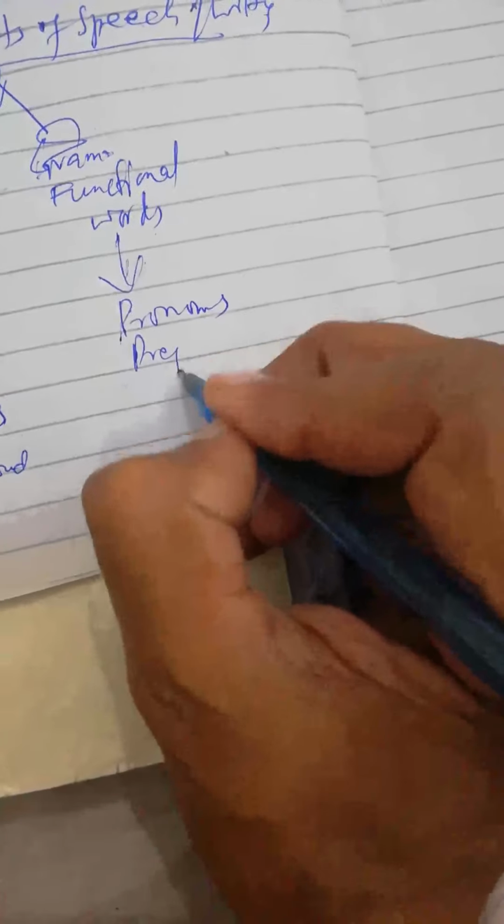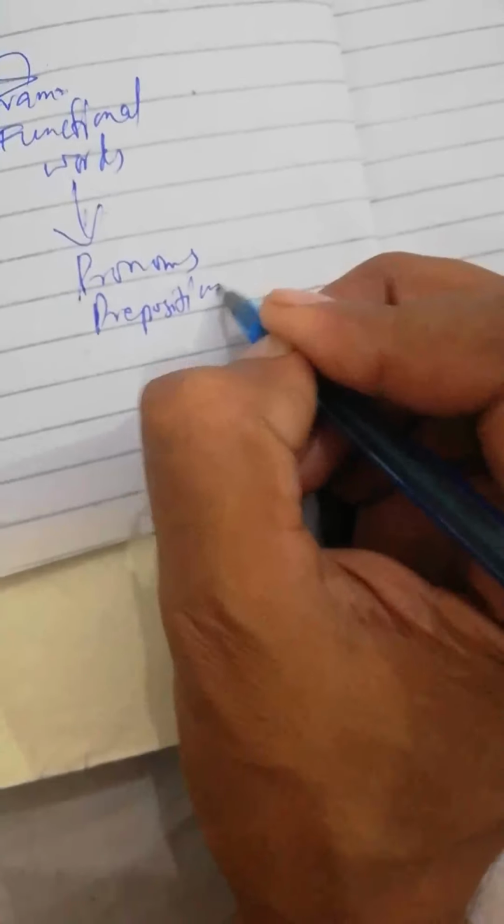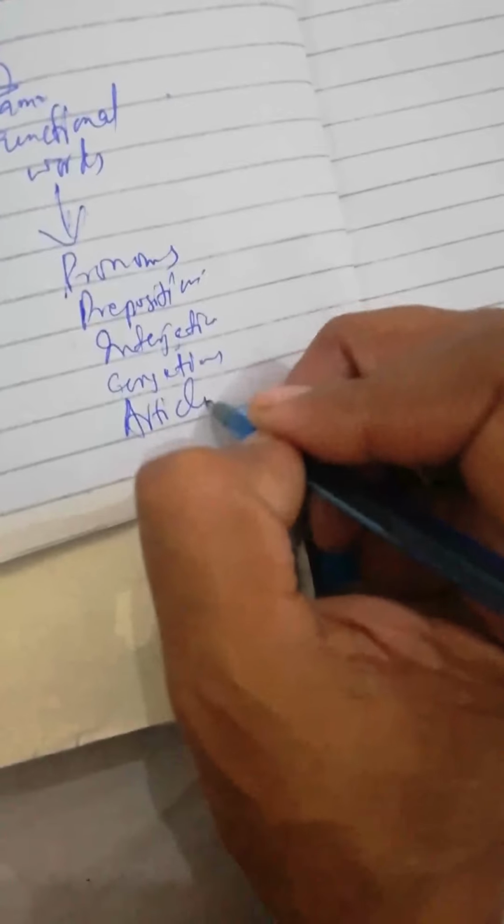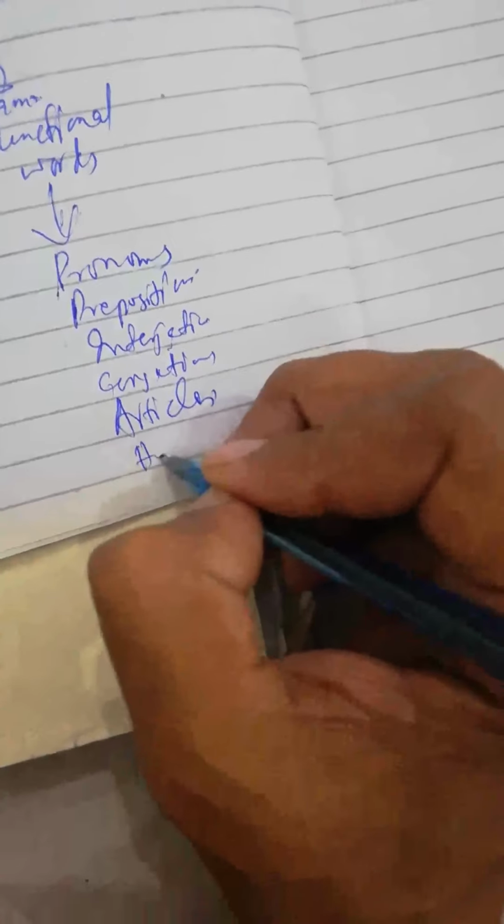Now functional words are pronouns, prepositions, then we have interjections, which is in traditional grammar, conjunctions or coordinators, and in the English language, articles. Even the helping verbs are functional words.